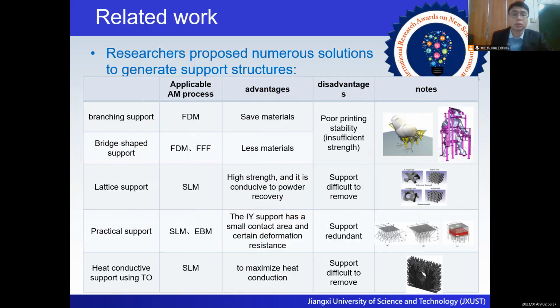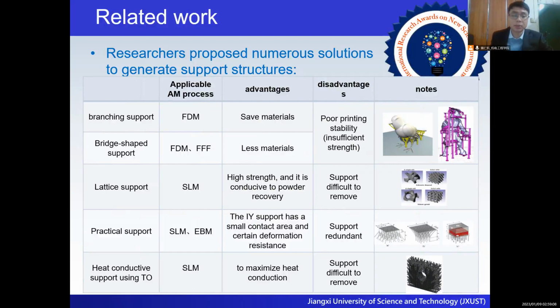Although scholars have proposed various support structure generation methods, few scholars consider support structure generation for lattice parts. The traditional support structure generation method has the problem of support redundancy, especially when the forming object is a lattice part.